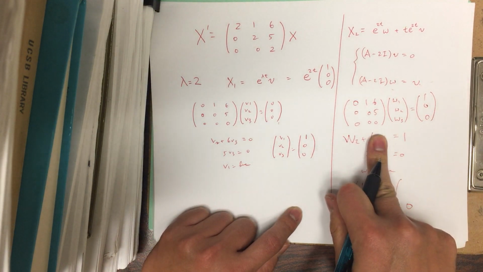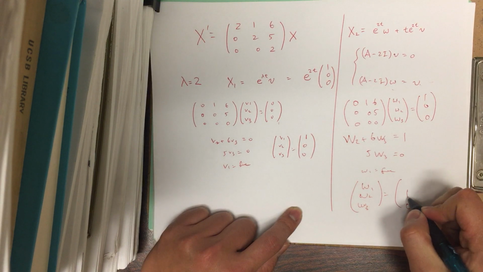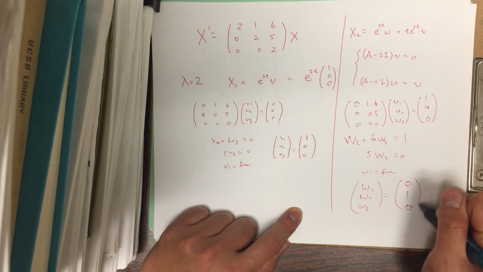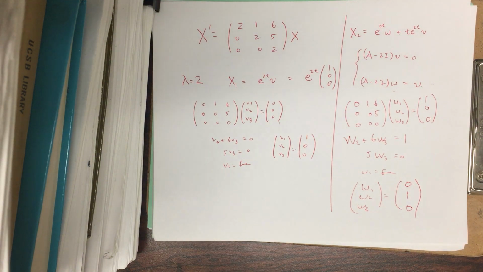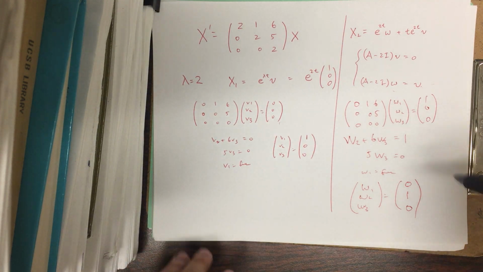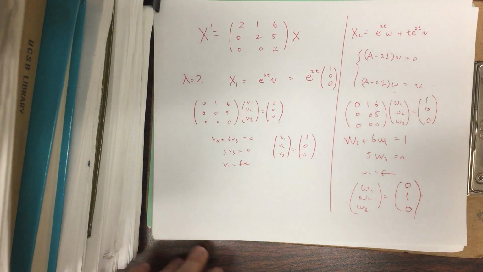If w3 is 0, w2 is 1. w1 is free. Since this is non-zero, we can set the free variable to be 0, so that it's not the 0 vector. And so this gives us our second solution, right, by just plugging these into this formula.